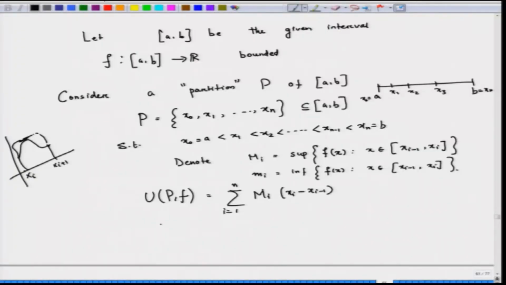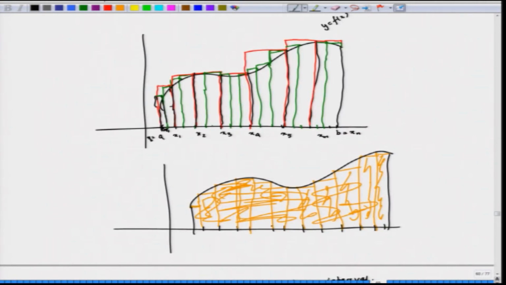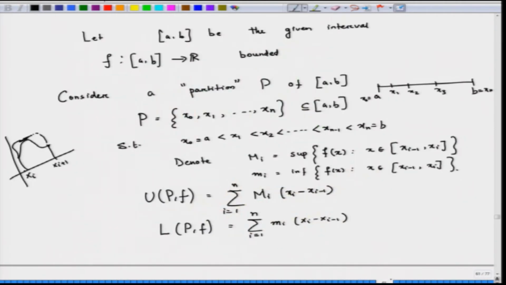Similarly, for the yellow one, we have L P of f, which is equal to the summation over i from 1 to n of little m i times x i minus x i minus 1. For each i, this is the area of little m i; suppose this is x i minus 1 to x i, then this is little m i times x i minus x i minus 1.